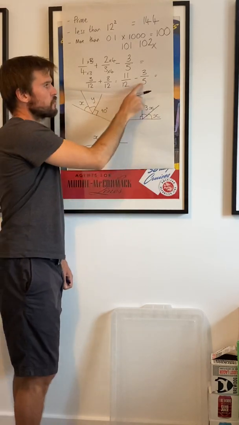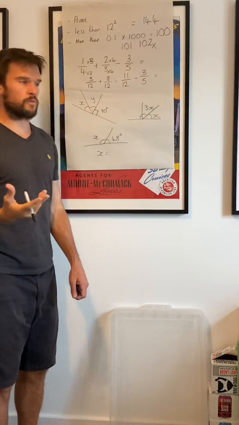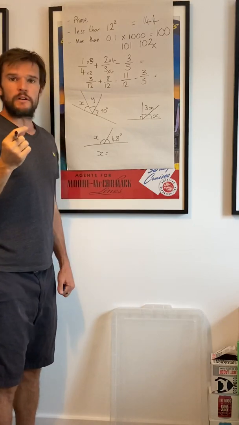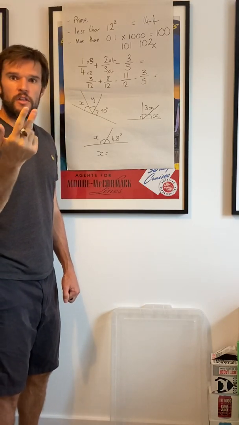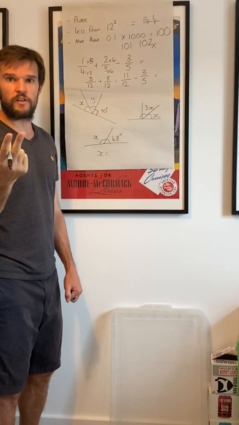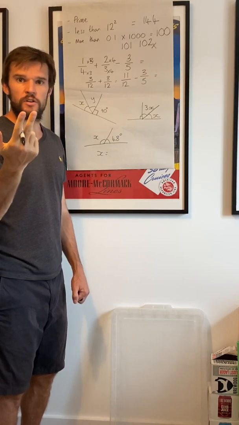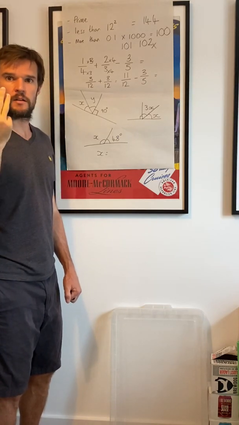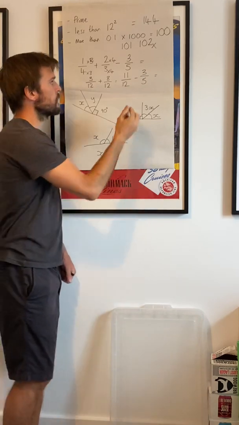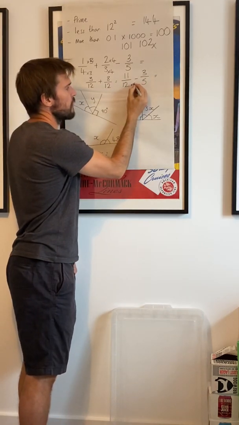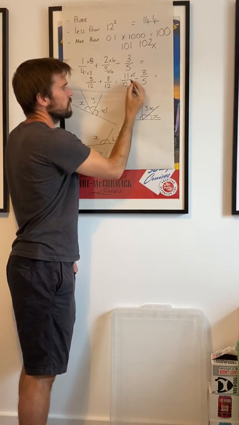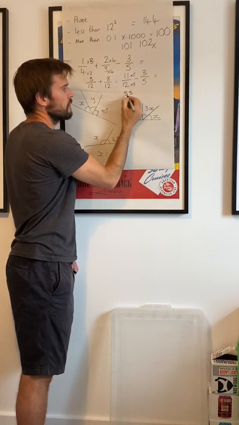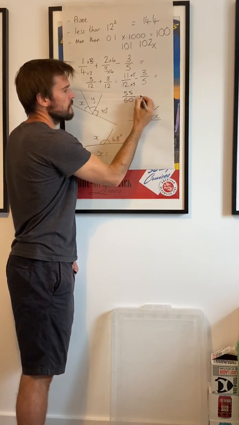Now again, try and find a common multiple. 12, 24, 36, still not got a 5 or a 0 in the end. 36, 48, 60. Okay, so I'll multiply this by 5 and this by 5, which gives me 55 over 60.